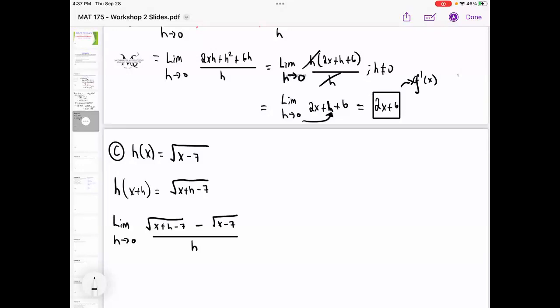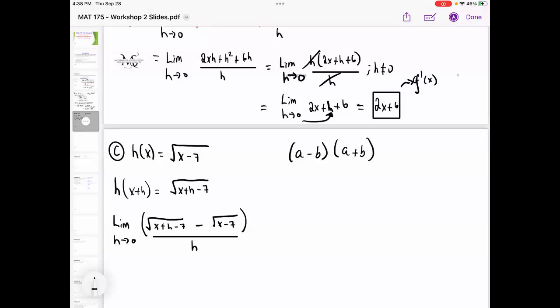Now it's no longer a factoring technique that you're applying, but the conjugate pair, right? So remember, if you have a minus b to start with, to complete the conjugate pair, it's going to be a plus b. This is your binomial, essentially: the square root of x plus h minus 7, we treat it as a single term, minus the square root of x minus 7. That's going to be your second term that you treat as a single term. That will be your b.